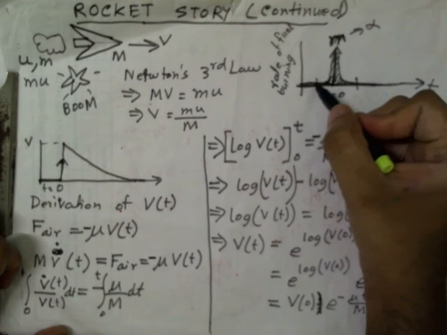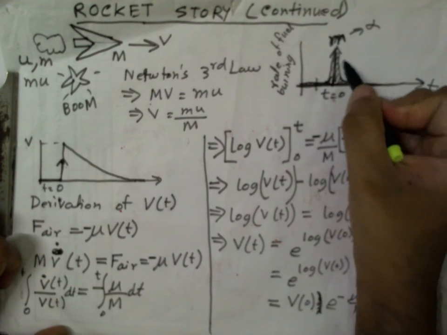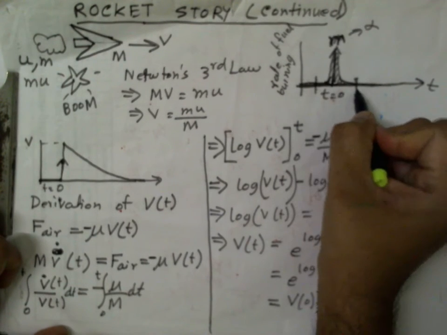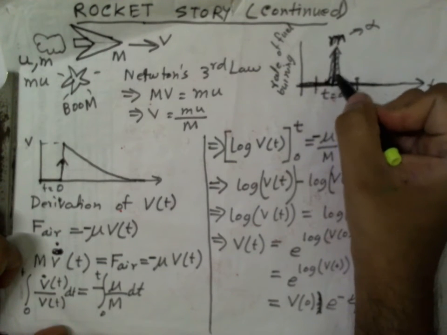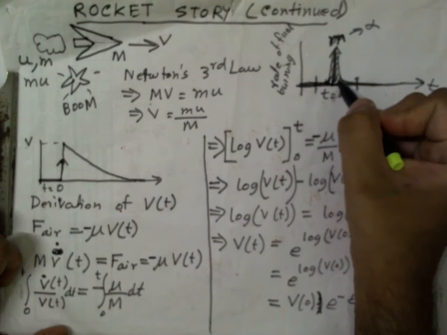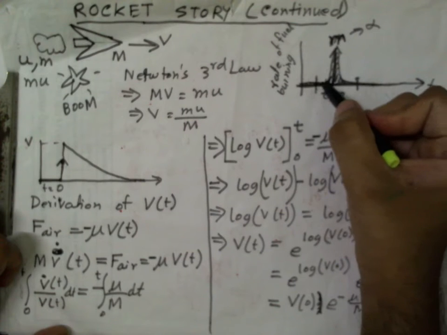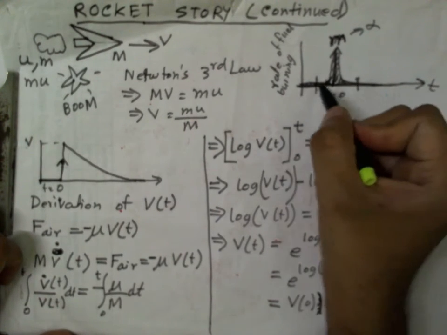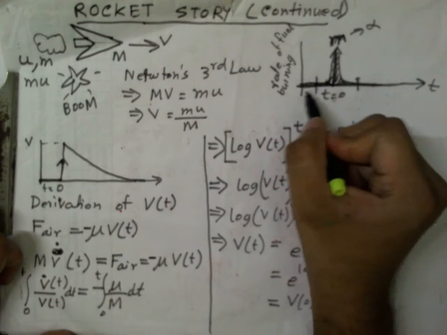So if I integrate the rate of burning from here to here, then the result of integration, which is equal to the area under this curve, is the amount of fuel burnt within these two times.